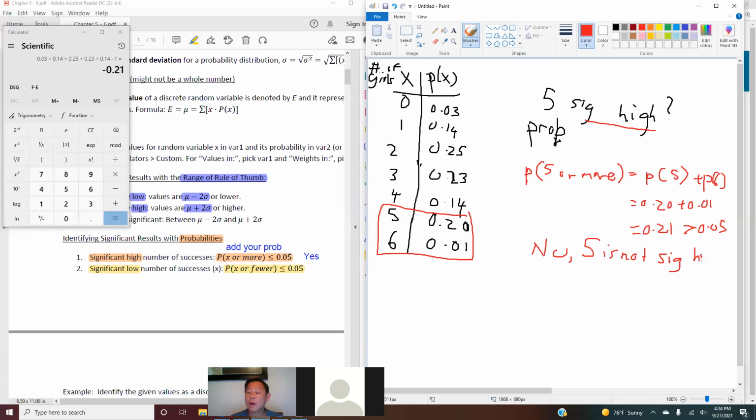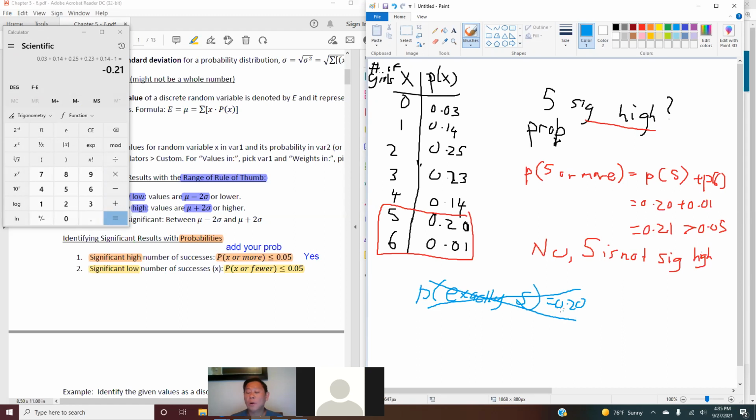A lot of students make a mistake here: they don't take the addition, they use exactly 5, which is 0.02 in this case. This is wrong.